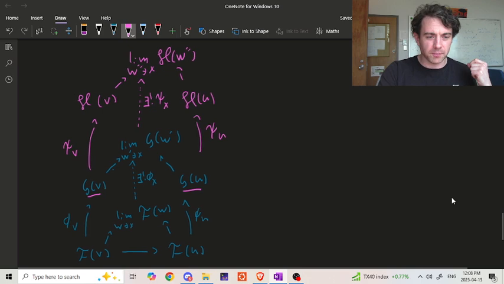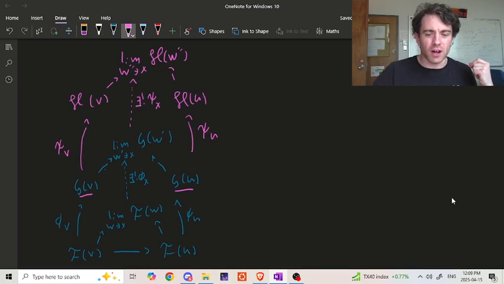So finally, what I'm going to do is now take the composition. So I'll let this map here, maybe to give myself some space.